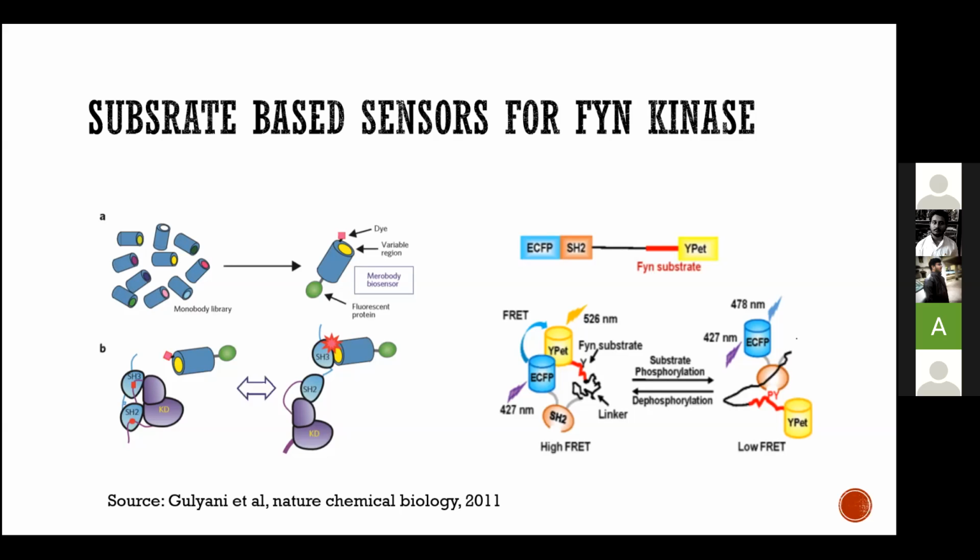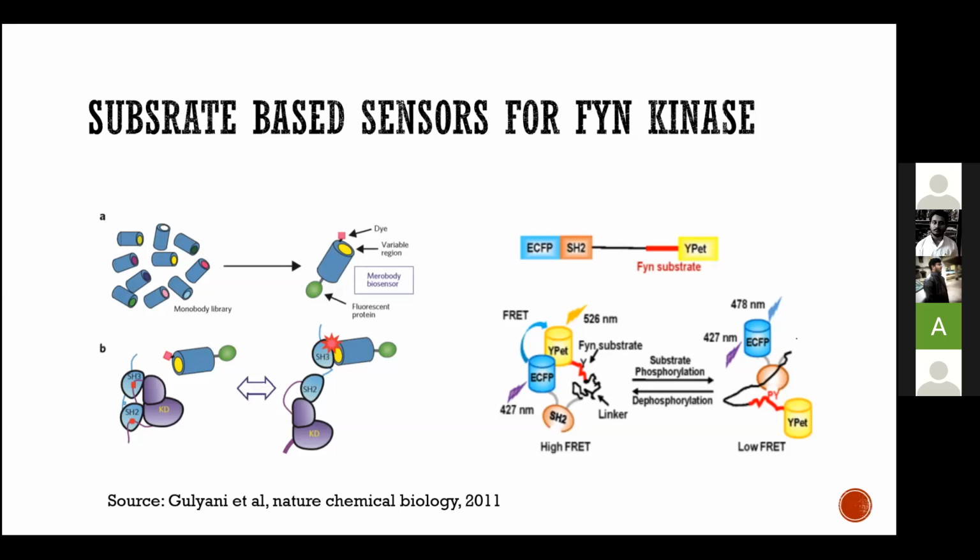The problem here is that the SH2 domain can be phosphorylated or dephosphorylated anytime, irrespective of whether the Fyn is acting or not. As I showed, it will get dephosphorylated when it's active. The picture on the left side shows you that when it gets dephosphorylated, SH2 and SH3 are open.